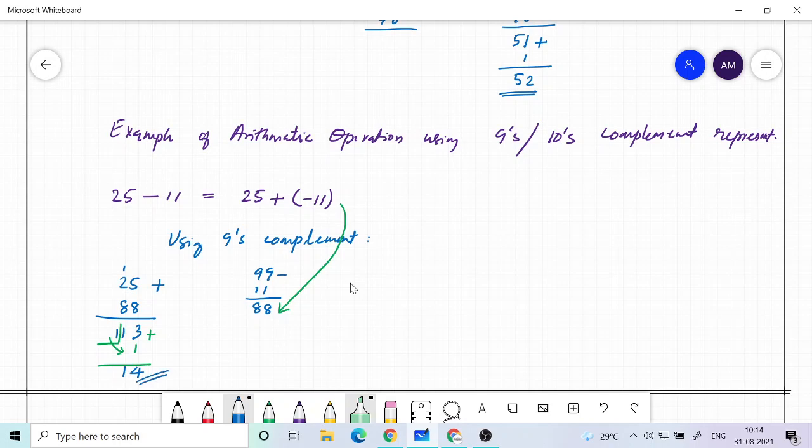That's how you do it with the 9's complement subtraction. So we are basically implementing the subtraction by addition. Okay, we don't need to go and borrow or anything like that. If you had to do this in sign magnitude form, then you have to subtract the smaller number from the bigger number, and then all the complications.